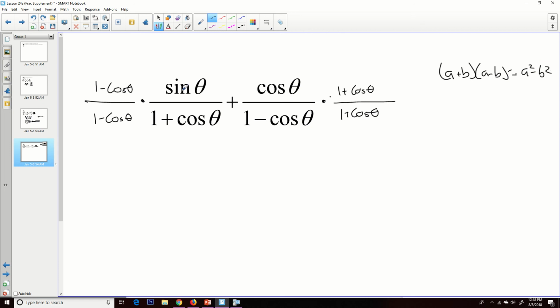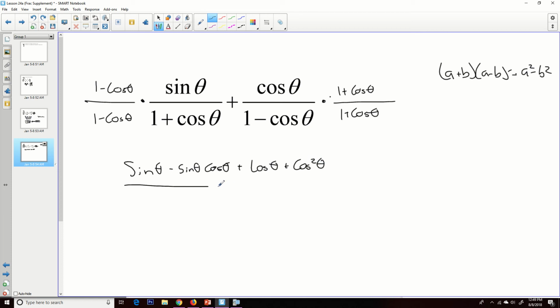And so if I distribute here, I get 1 times sine is sine theta, and then negative cosine times sine would be negative sine theta cosine theta. And then when I distribute the cosine to both terms, I get cosine times 1 is cosine theta, and then cosine times cosine is cosine squared theta.